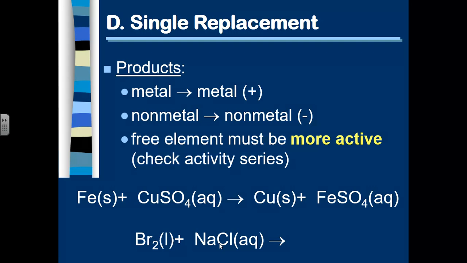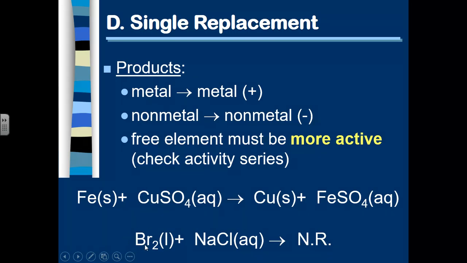So if you look on the periodic table in group 17, you have fluorine, chlorine, bromine, iodine in order. That's also their activity series. So fluorine is the most active, then chlorine, then bromine, then iodine. So if you look at that, bromine is not higher than chlorine. It's lower than chlorine on the activity series. So that means bromine would not replace chlorine. And if that's the case, you just put NR, no reaction.